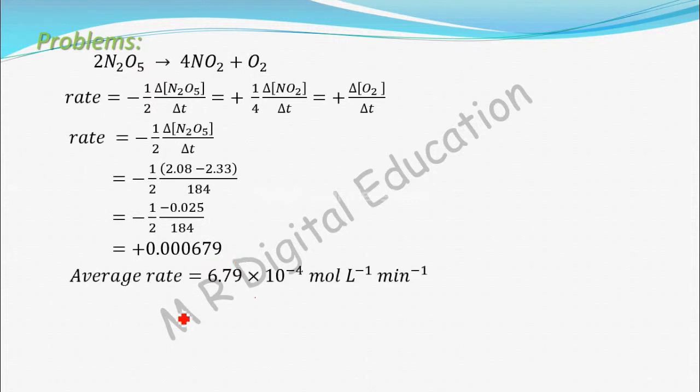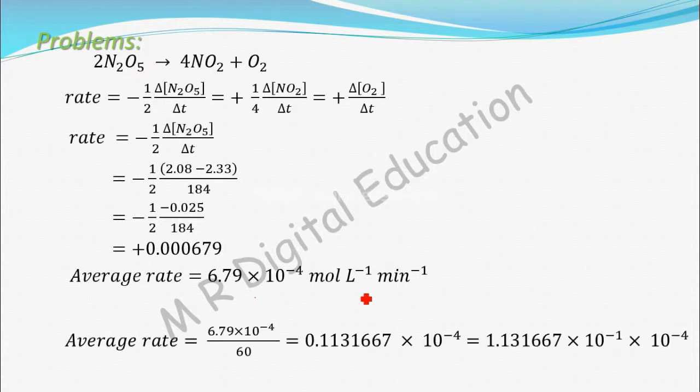So average rate equals 6.79 into 10 to the power minus 4 mole per liter per minute. Why per minute? Because you have taken time in minutes and concentration is in mole per liter, so the unit will be mole per liter per minute.